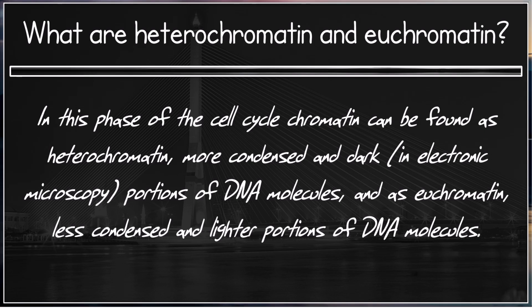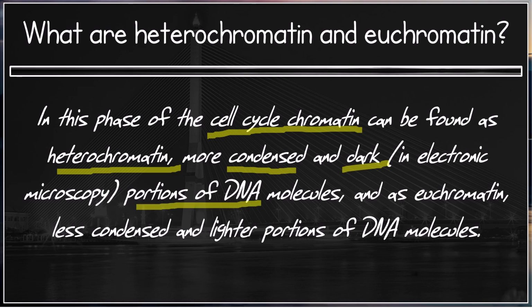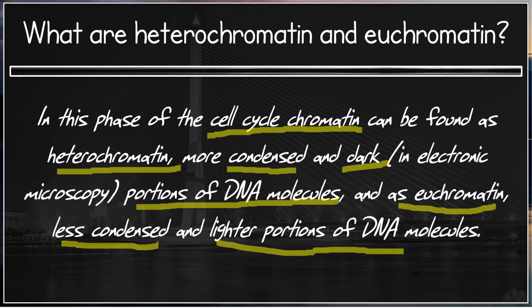In this phase, chromatin can be found as heterochromatin, more condensed and dark in electron microscopy, and as euchromatin, less condensed, lighter portions of DNA molecules.